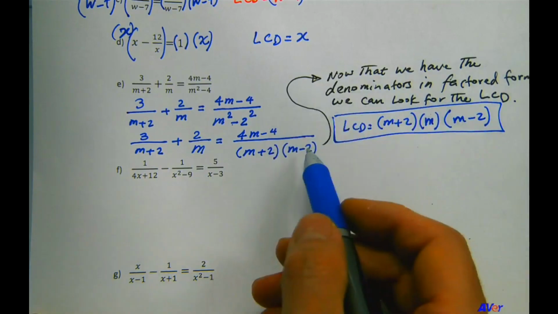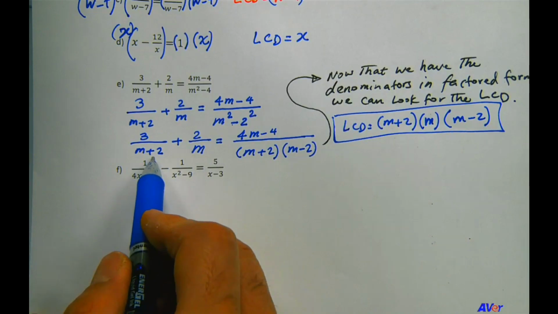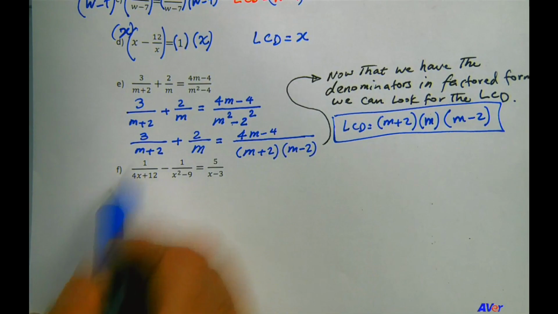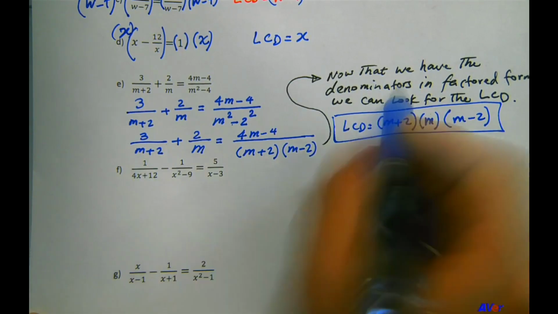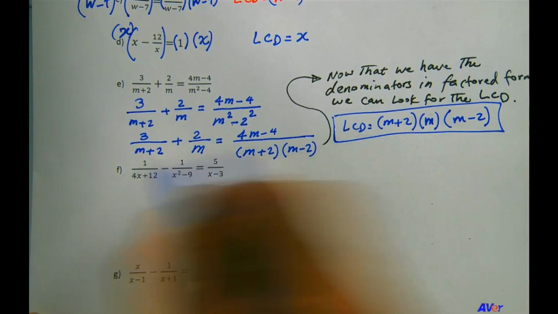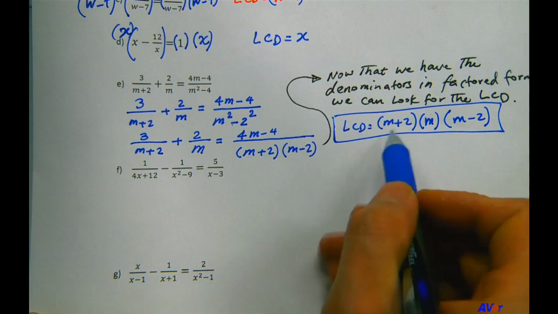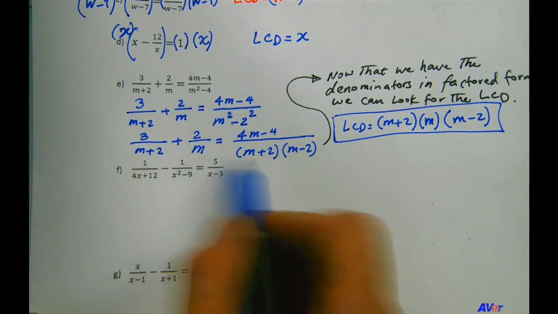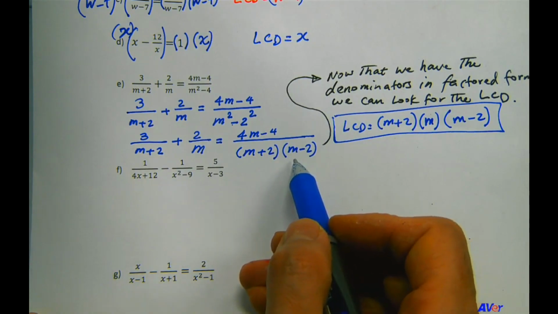But suppose that m plus 2 here was to some higher power than 1. Suppose this was m plus 2 cubed. Then what impact would that have on the LCD? The LCD must contain each factor in the denominator in the highest power it appears.